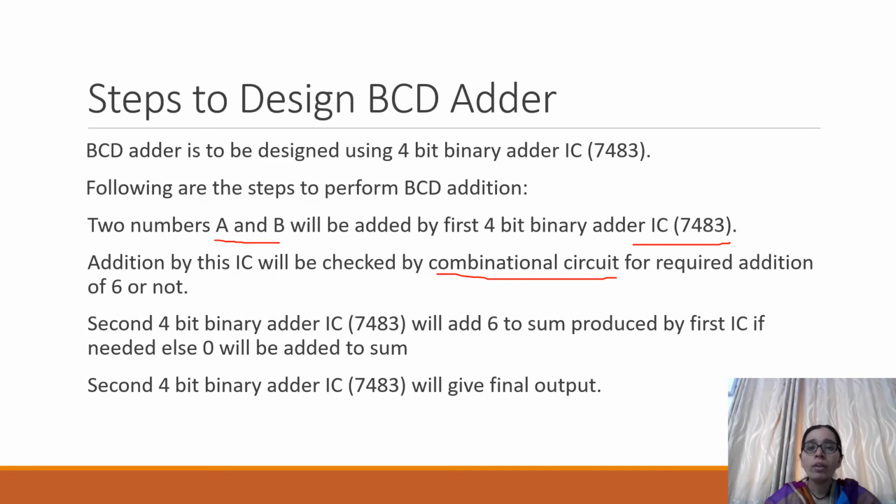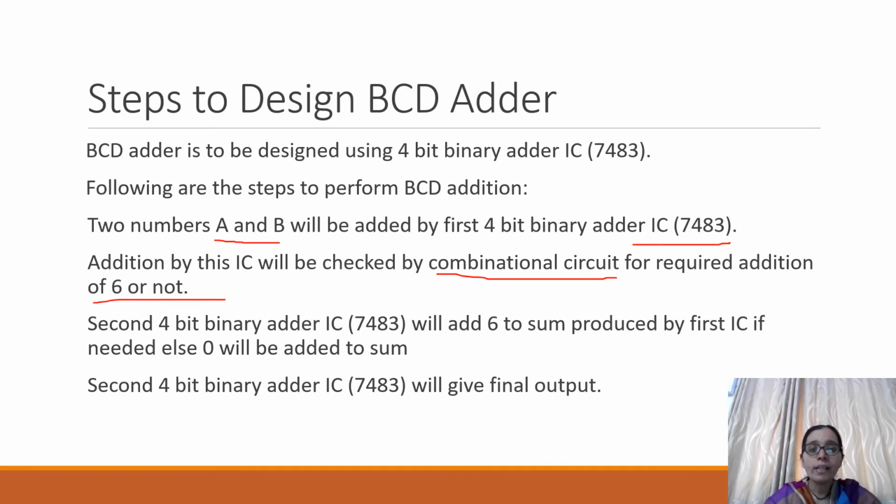Because 7483 IC is binary adder IC and now we have to design BCD adder using binary adder IC. Therefore, whatever result we will get by using this binary adder IC, that we have to check. And for that we will need combinational circuit. Using this combinational circuit, we will decide whether to add 6 or not.